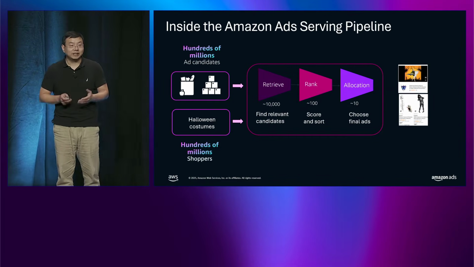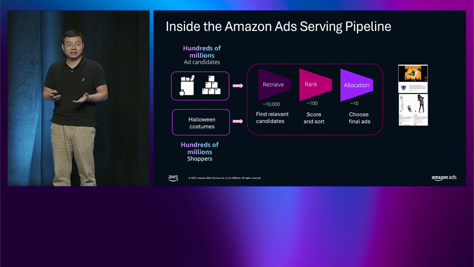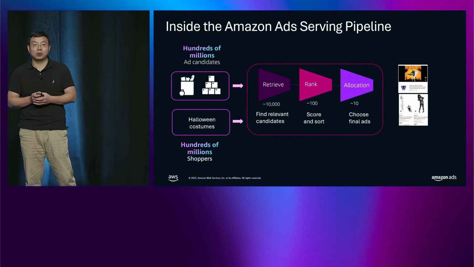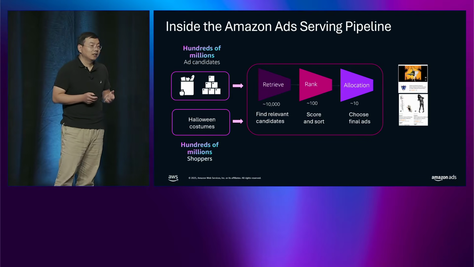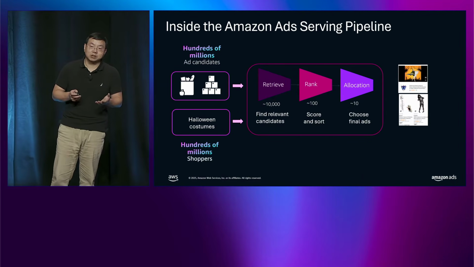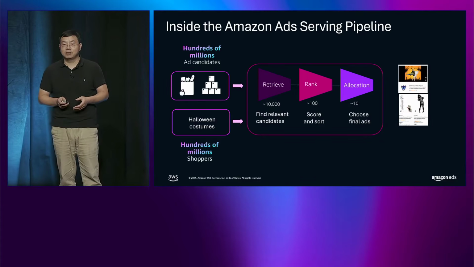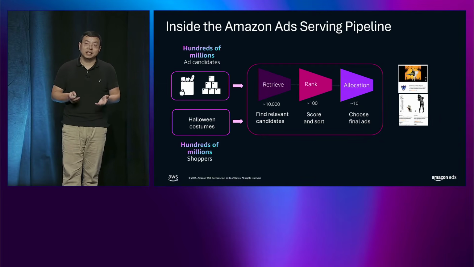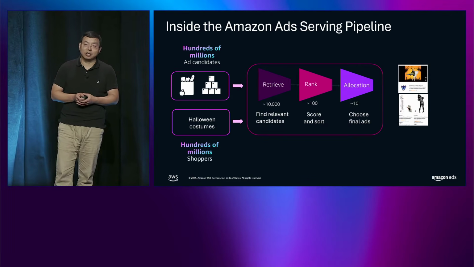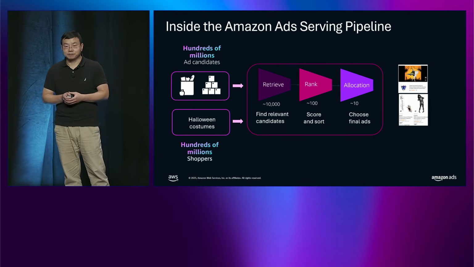So with that, what's behind the scenes is how it works. Given a query of Halloween costumes, the Amazon Ad Search system needs to first retrieve the most relevant subset of products from hundreds of millions of ASINs. This is oftentimes in the order of tens of thousands.